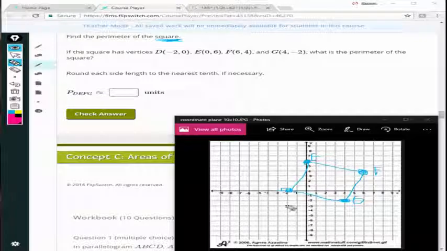And because I pulled out this handy dandy graph paper, I can count vertically and horizontally. And then I'm going to use that.